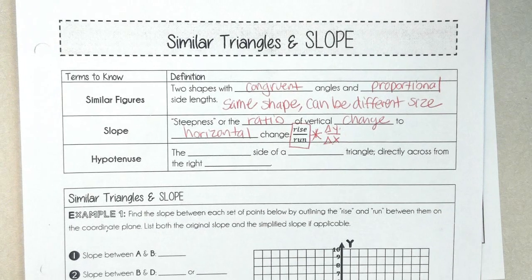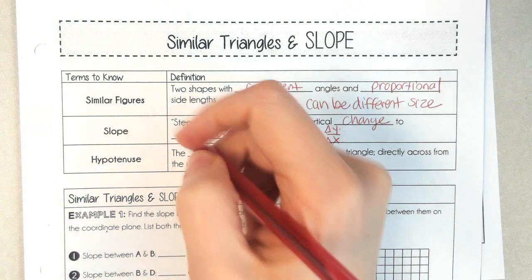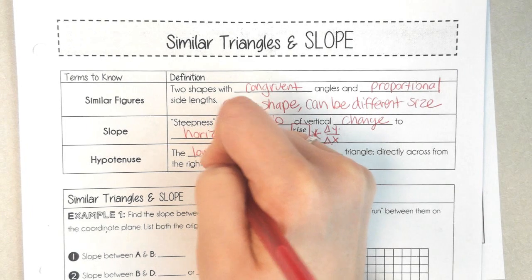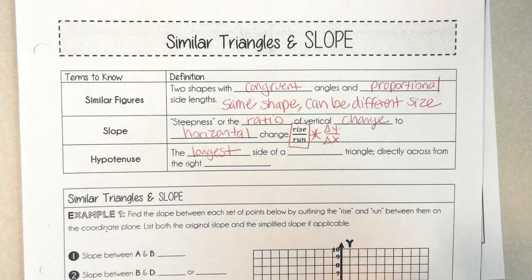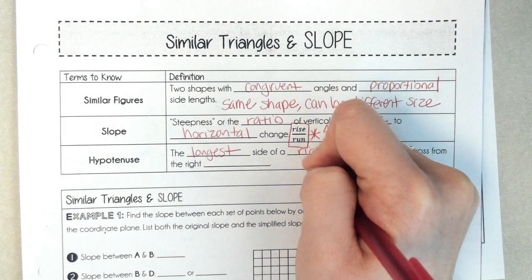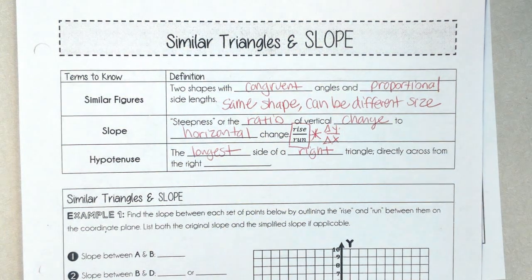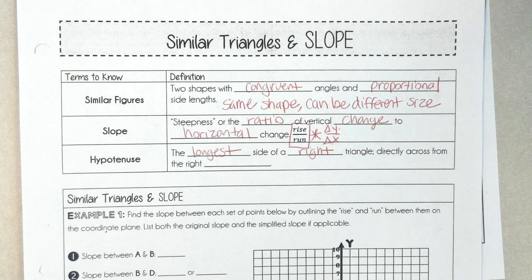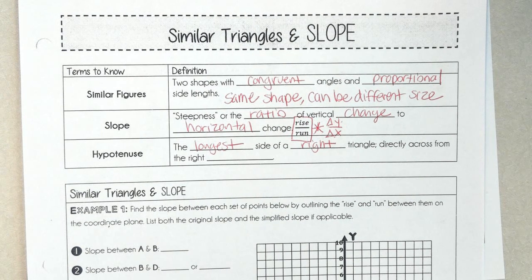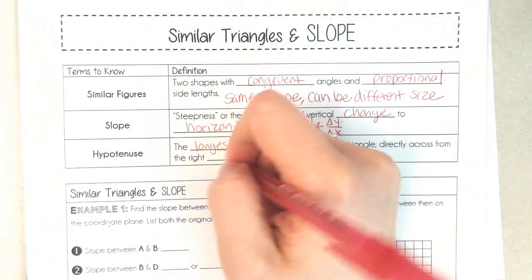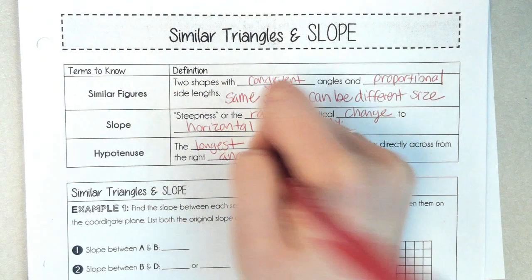Hypotenuse. This one has been more frequent that we've talked about this. What is the hypotenuse, guys? Okay. The longest side of a right triangle. It's only with right triangles. And this is going to be directly across from the right angle. Okay.